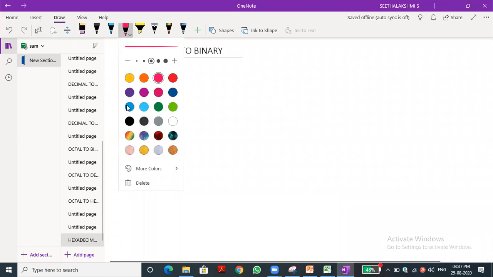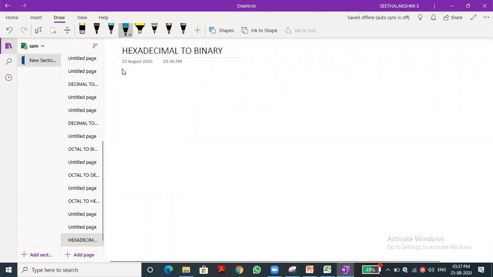Okay, now tell anyone hexadecimal number. Yes, 5A6. Okay, good. So 5A6 is the number. It is in hexadecimal form, so the base is 16. Now we need to convert it into binary. So what is the base for binary?